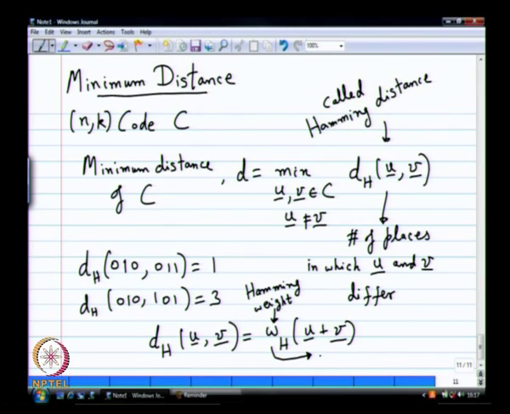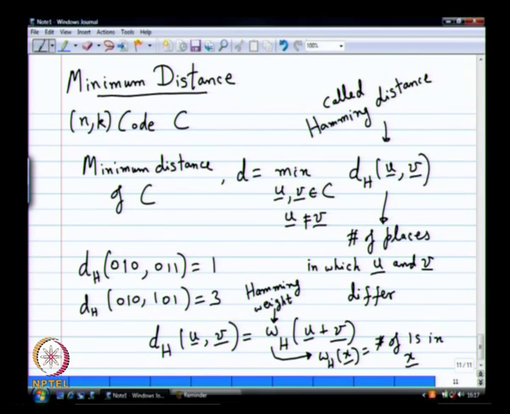Suppose you have wh of x, this equals the number of ones in x. This is the weight of a vector. It's called Hamming weight. Oftentimes Hamming is dropped. Same thing with Hamming distance also. This distance and weight are basically Hamming distance and Hamming weight. Weight is the number of ones in a vector, and this relationship is very, very easy to prove.